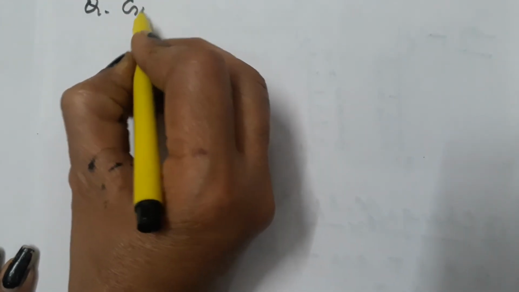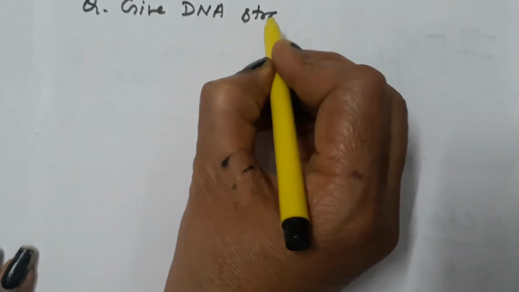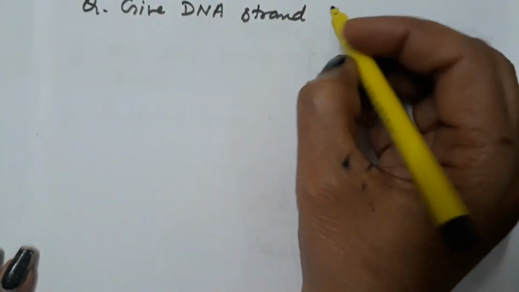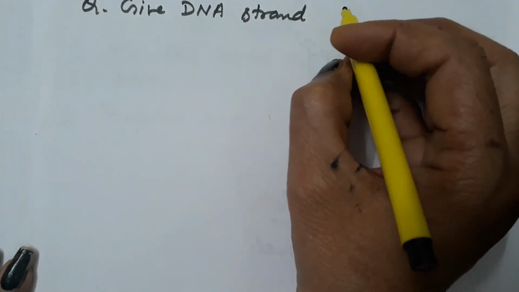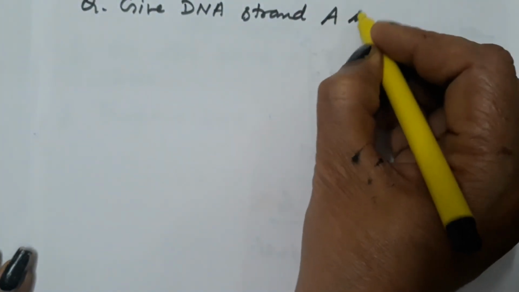The question asked in board exam: given a DNA strand, A is 20%.